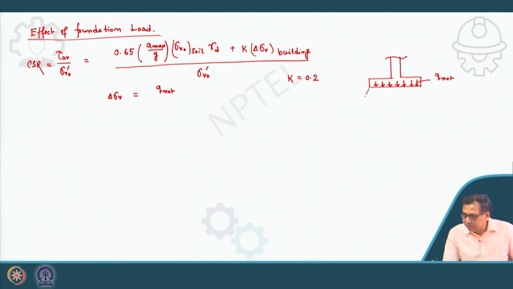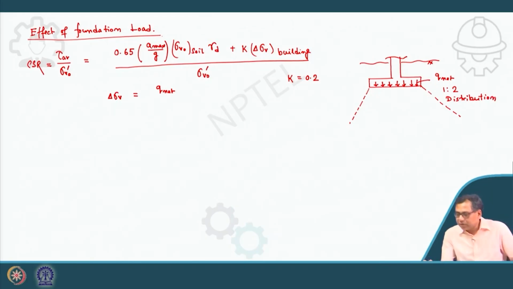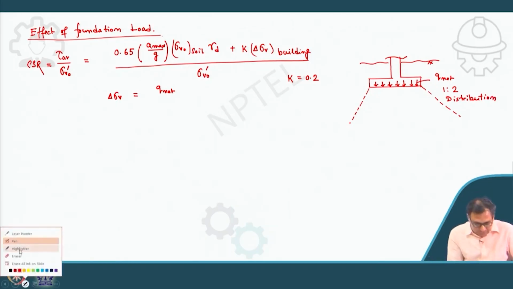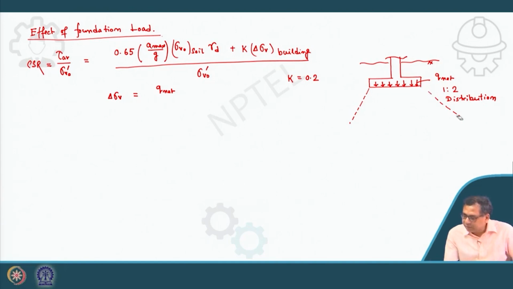Then the stress will be distributed from the base of the soil. Suppose this is your ground level. That distribution is 1:2 distribution, which we generally consider during design, and it is the same for both sides.